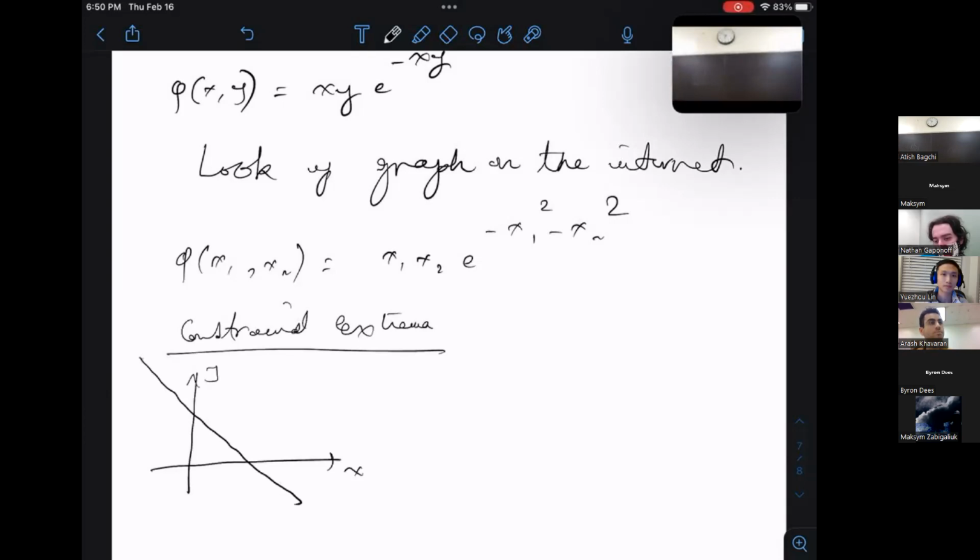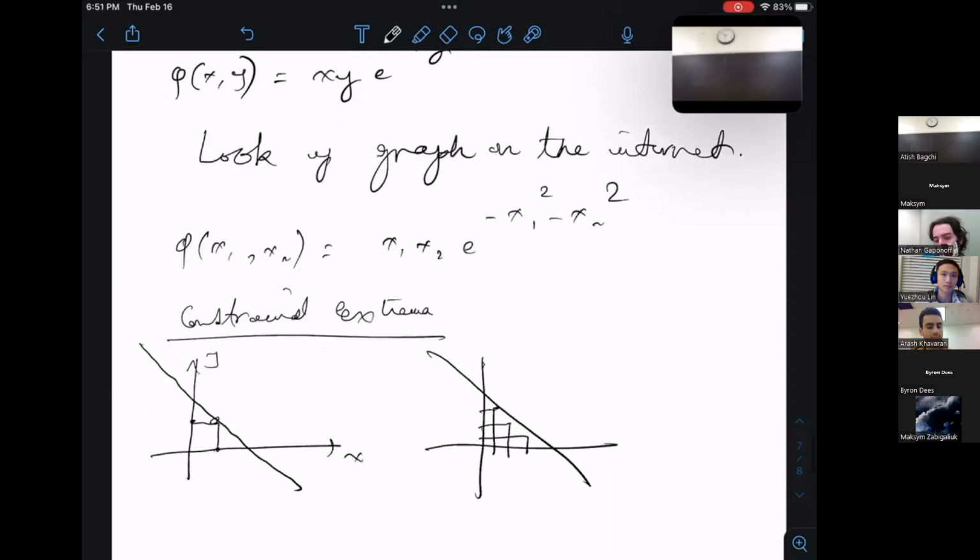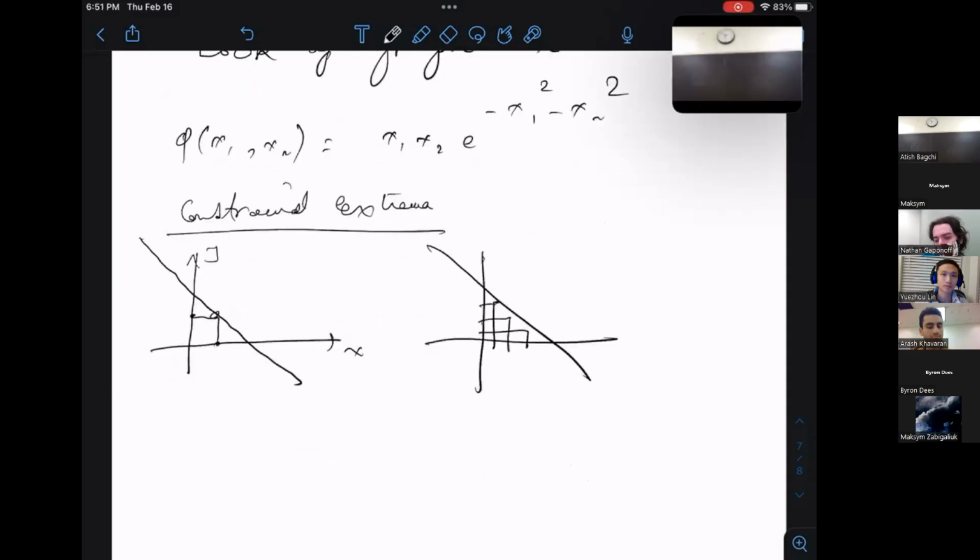This is a wire, and on the wire there's a bead, and the bead is tied to the axes with elastic strings. You're moving the bead along that line. Obviously the bead could be here, or in the middle, or over there.